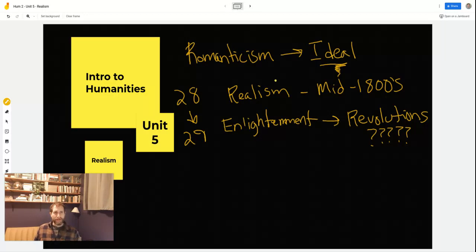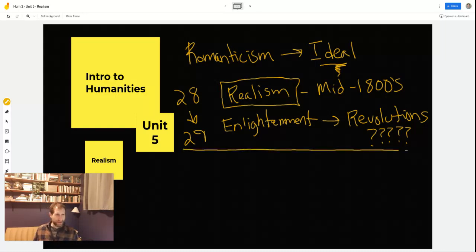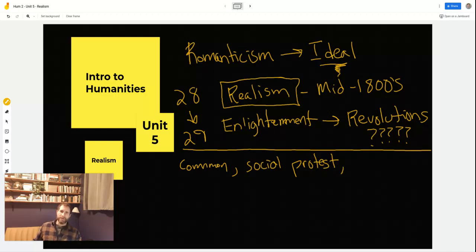So the Romantic period and the idealism of that gets cast aside as people start to seek out more realistic scenarios. So, what becomes valued in realism? Common people. There's an element of social protest, and the social protest is a rebellion against, like I said, the corruption of the aristocracy.